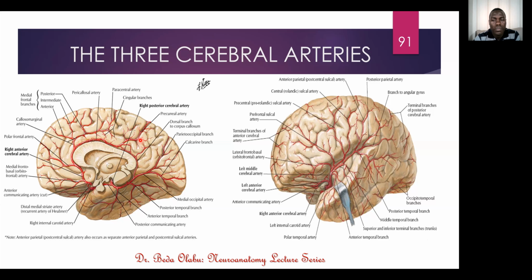Okay. How about middle cerebral artery? Middle cerebral artery is actually the largest branch of the internal carotid. The middle cerebral artery is part of the anterior circulation, just like the anterior cerebral artery. Middle cerebral artery runs within the lateral sulcus, and the lateral sulcus here has been exposed so that you can see the insular cortex down there.